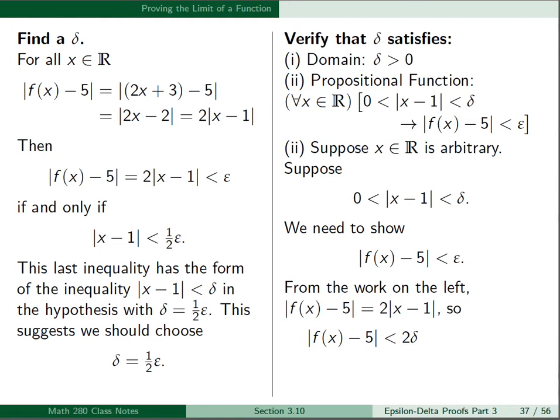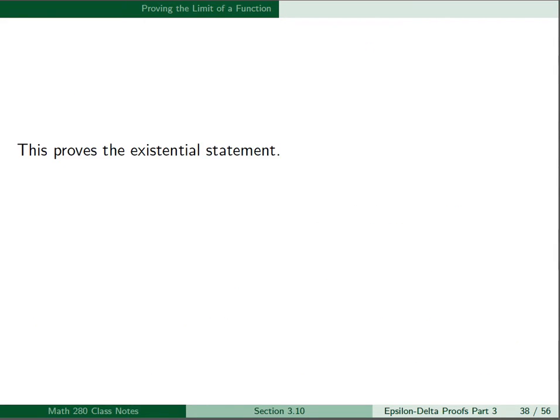So |f(x) - 5| is going to be less than 2 delta, since |x - 1| is less than delta. And delta was 1/2 epsilon, so this equals 2 times 1/2 epsilon, which simplifies to epsilon. So this proves our conclusion. So this proves the propositional function. Now we've found our delta, so this proves the existential statement, and so we can conclude that the limit as x approaches 1 of f(x) is equal to 5.